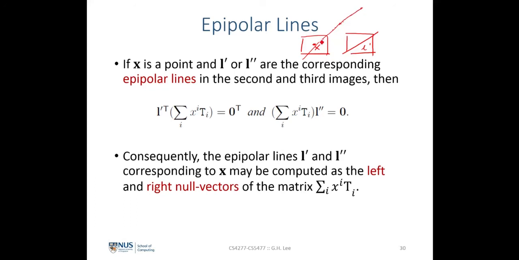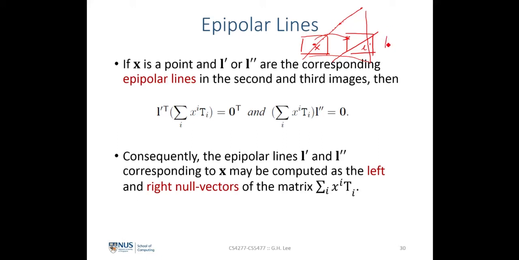So the transfer of the point from the first view to the second view is going to become an epipolar line, which is simply the projection of the back-projected ray from the image point X. We're going to denote this as L prime, and this is what we call the epipolar line.